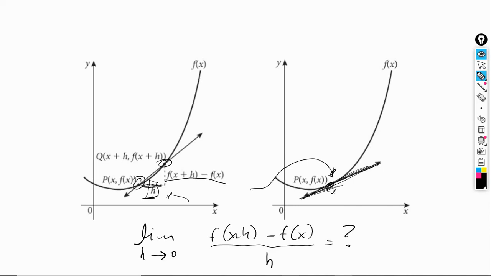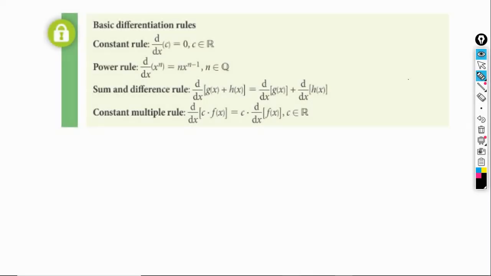Now, luckily, in SL analysis, we don't have to go too much into theory with the definition of derivative, but if you're interested in this topic, if you're a math geek, you can go and watch the HL video on this same topic. So like I said in the previous slide, there is a definition of derivative, which is the limit as h approaches 0 of f of x plus h minus f of x over h.